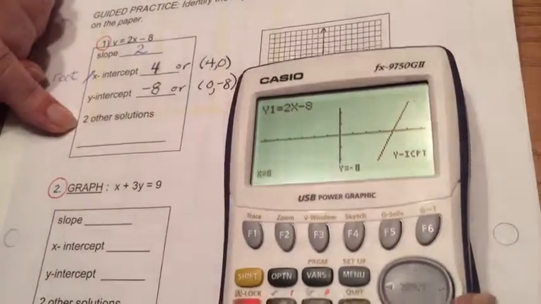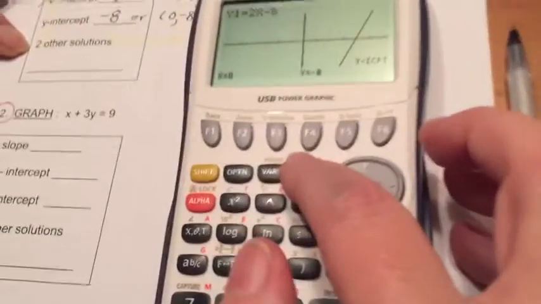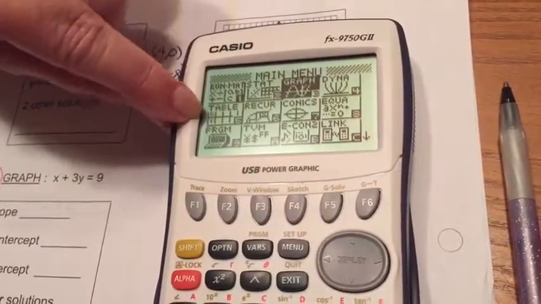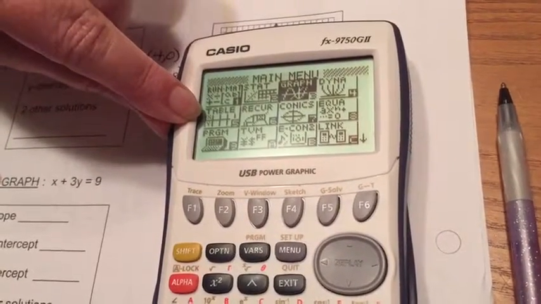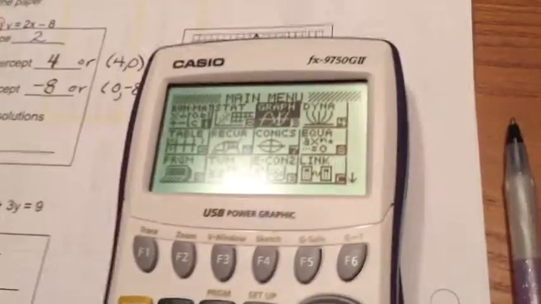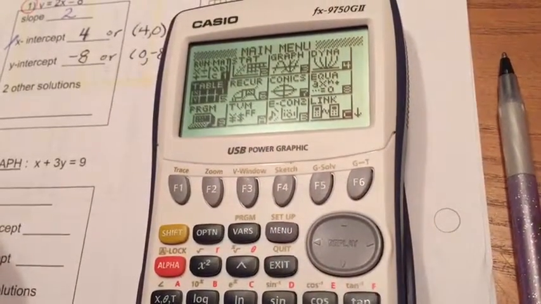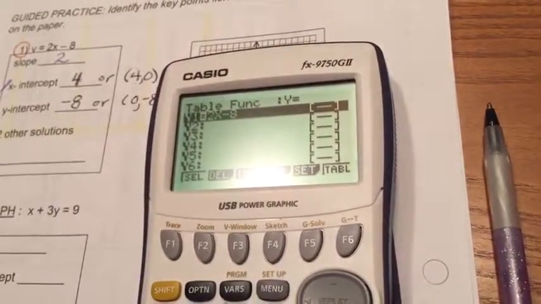Those are going to be found on the table. To get to the table, I'm going to go to Menu, and this time we're going to go to app number 5 that says Table. So I'm going to select that one and push Execute. And my equation is still in there.